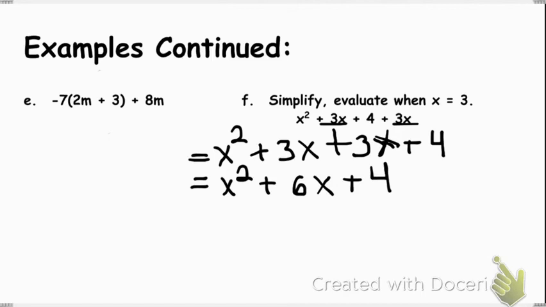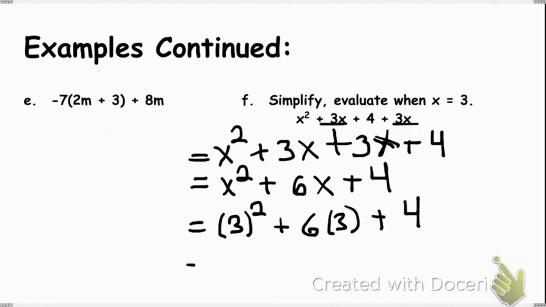Now we're going to put 3 in for x. So I've got 3 squared plus 6 times 3 plus 4. 3 squared is the same thing as 3 times 3. That gives me 9 plus 18 plus 4. 9 plus 18 gives me 27, plus 4, I get 31, and that's your final answer.